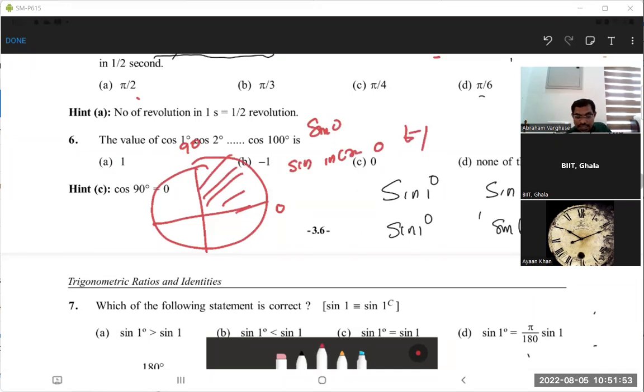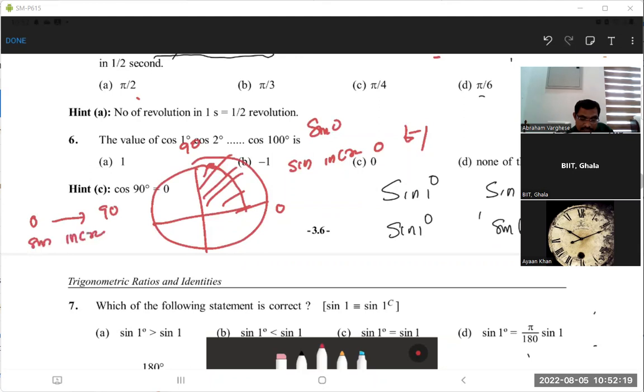That means as we go from 0 to 90 degrees, sine value increases. That means sine 60 degree will be more than sine 0, more than sine 30, more than sine 45, because as theta increases from 0 to 90 degree, sine value increases.